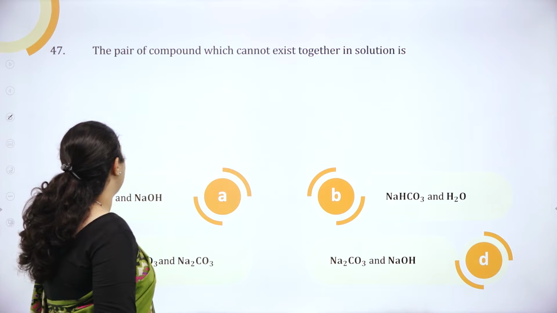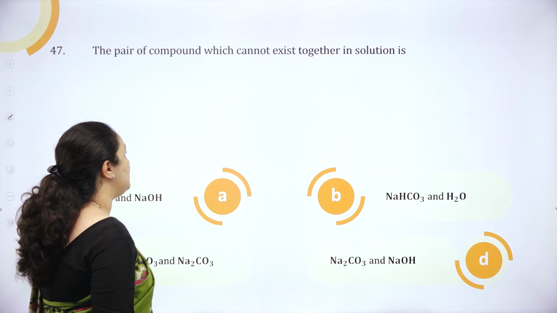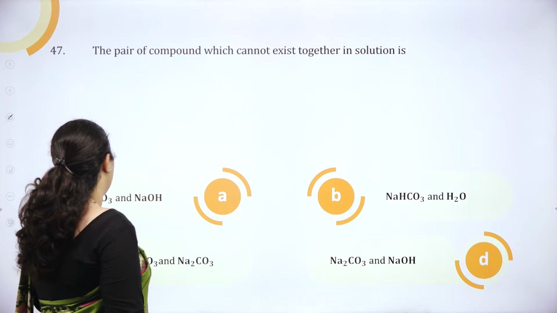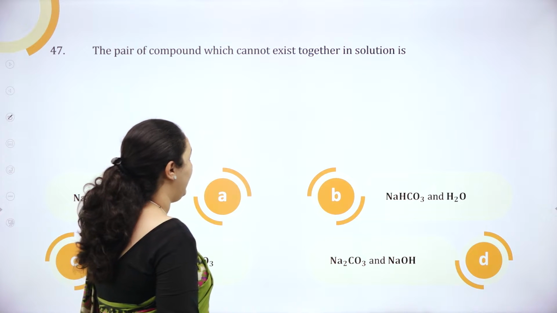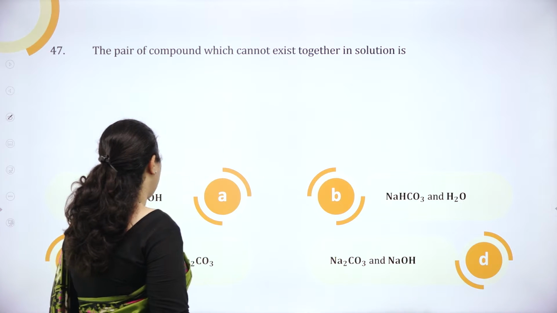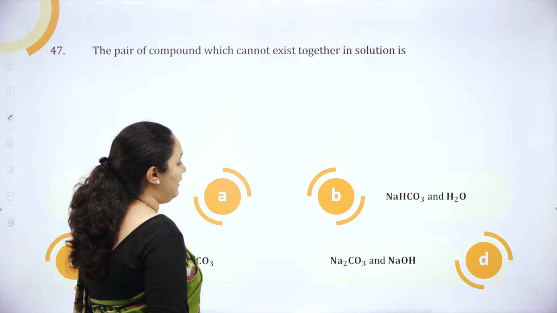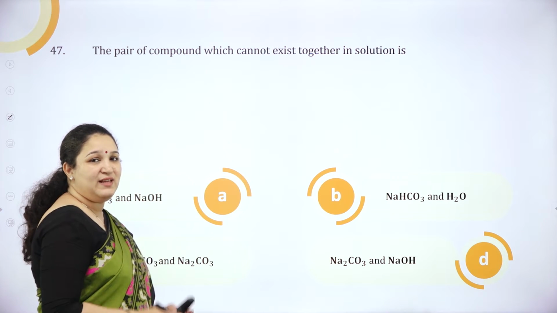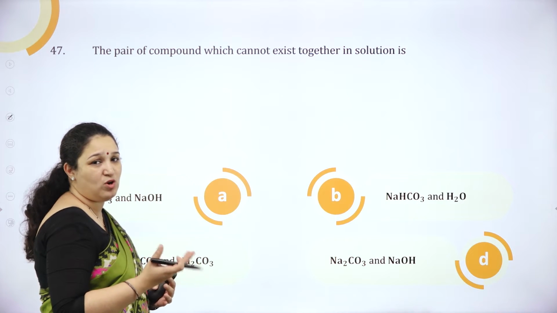Okay. Next question. The pair of compounds which cannot exist together in solution is: sodium bicarbonate and NaOH, sodium bicarbonate and H2O, sodium bicarbonate and Na2CO3, or sodium carbonate and NaOH. See, when there is an acid and a base, they cannot exist together because they will react and form salt and water.